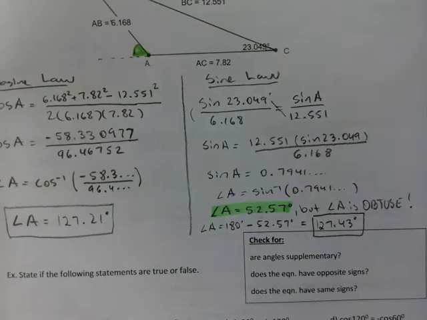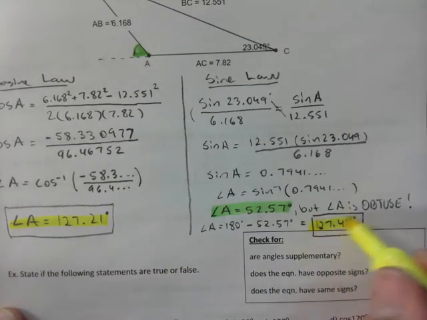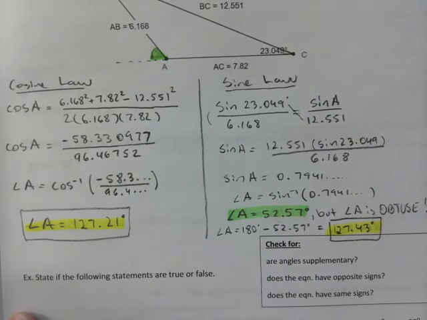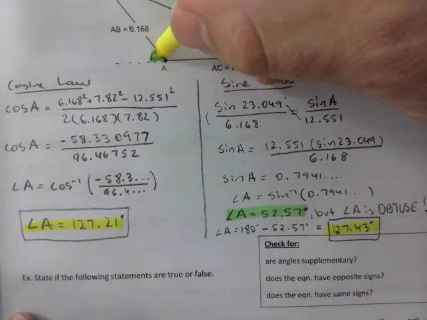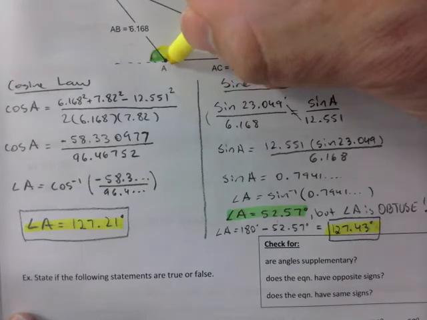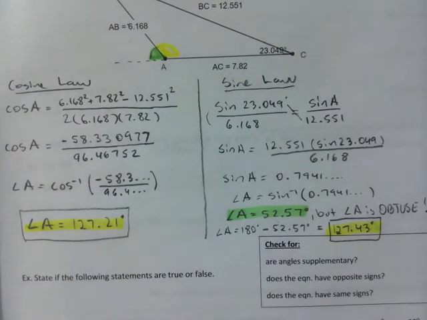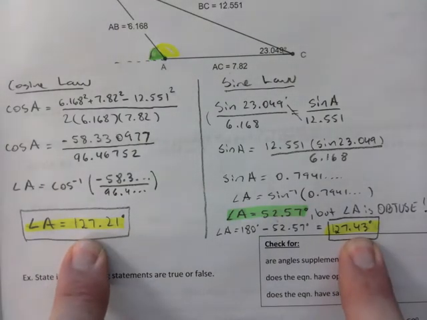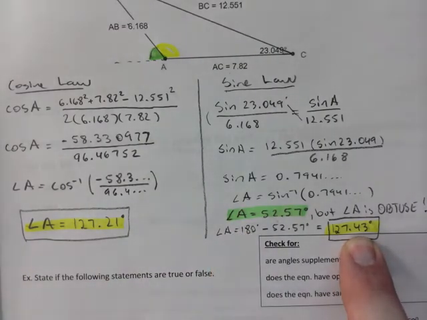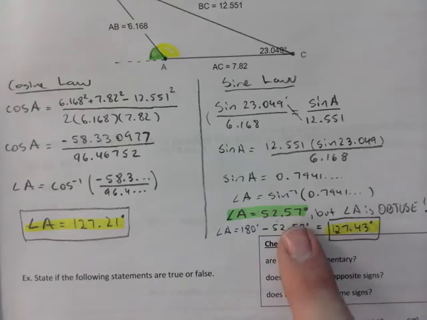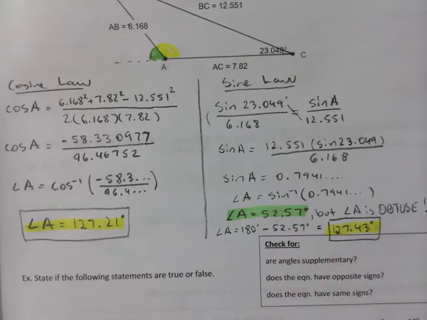So I will highlight both of these angles here that it sticks out, and I will highlight that angle that we actually were asked to solve for in yellow. Whatever color you have, just make sure it matches. This is the angle we want. Sine law has a problem, right? With it always wanting to find the acute angle, even though it's not inside the triangle. That's what it does. So that's the problem with sine law that we have to watch out for.